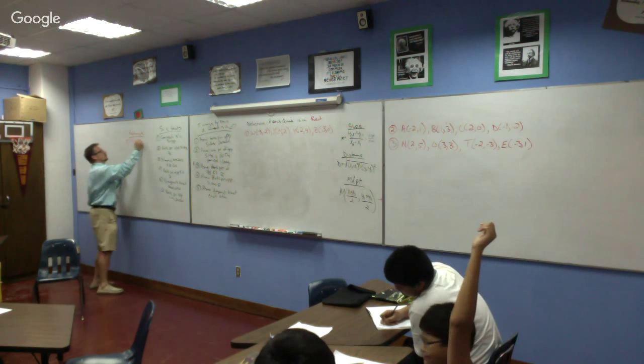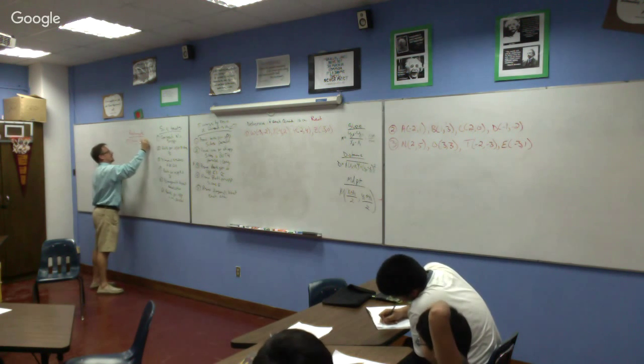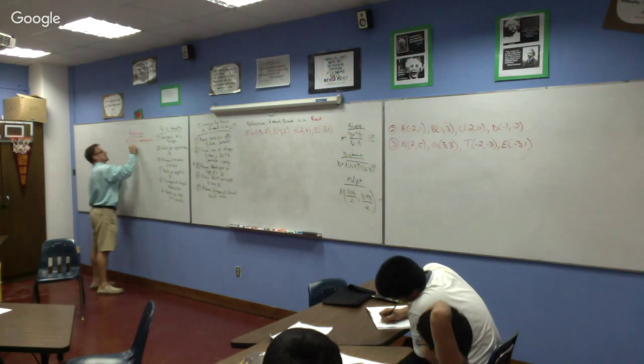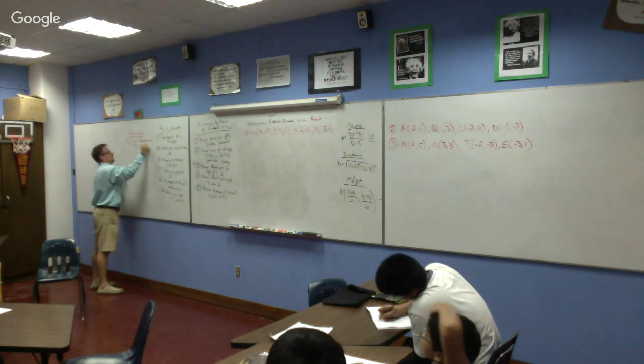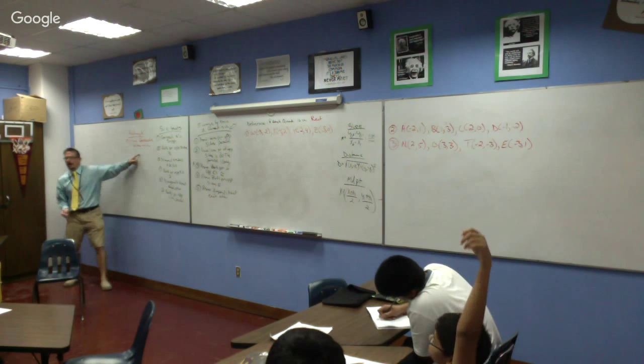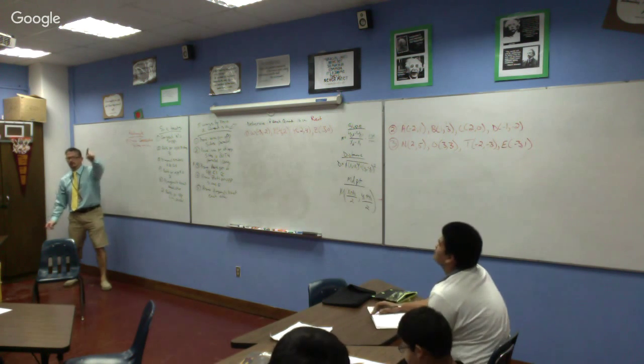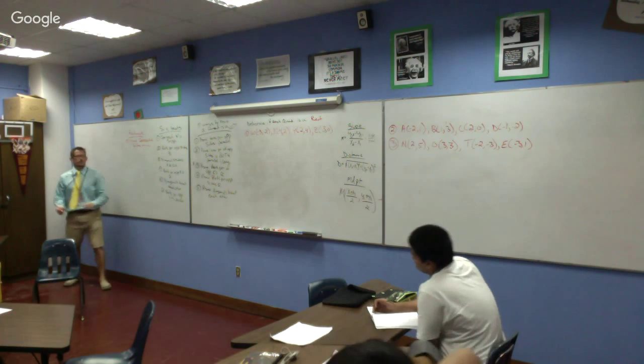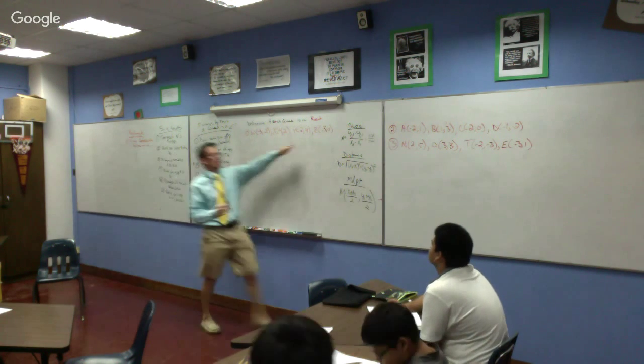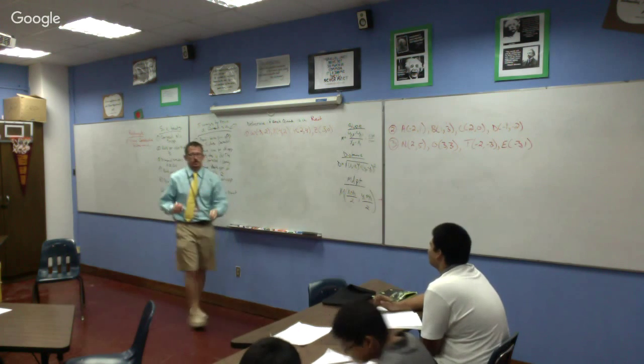Okay, so to prove that it is a rectangle, prove consecutive sides are perpendicular. How do we prove perpendicular? Negative reciprocal slope. So we would come back over here and we would talk about the slopes. Yes, what's your question?